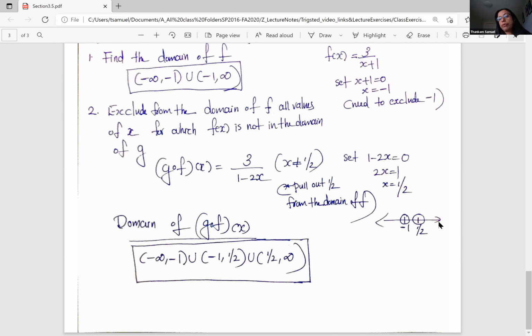And then 1/2 to infinity. So the final answer for the domain of g of f of x equals negative infinity to -1 union -1 to 1/2 union 1/2 to infinity. And you can see that all these points are excluded from the domain. So we use the parenthesis.